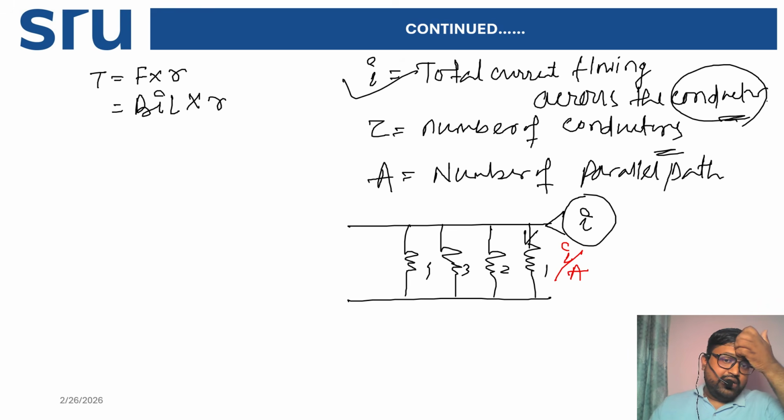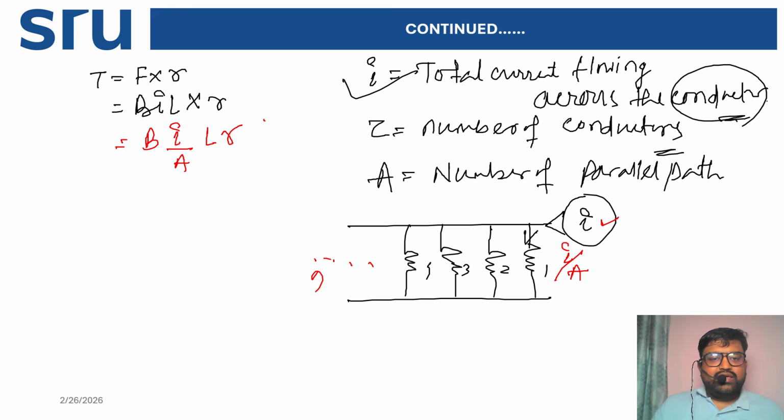That's why in place of I, we can write B into I by A into L into R, and this is for the single conductor.